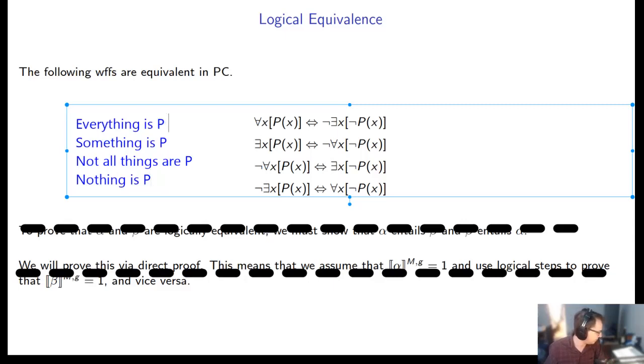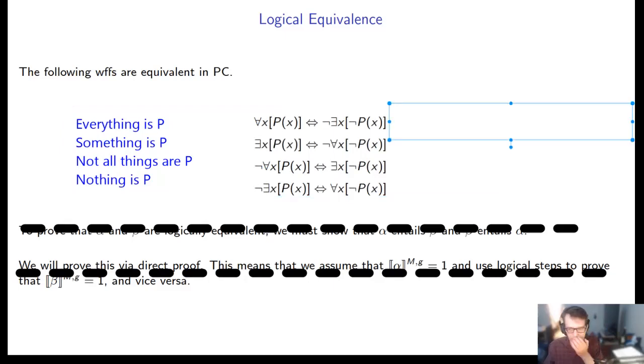And we can paraphrase these. One way of saying everything is P, so everything has some property P, is saying that nothing is not P. If everything is P, so let's say everything is happy, that's like saying that nothing is not happy.